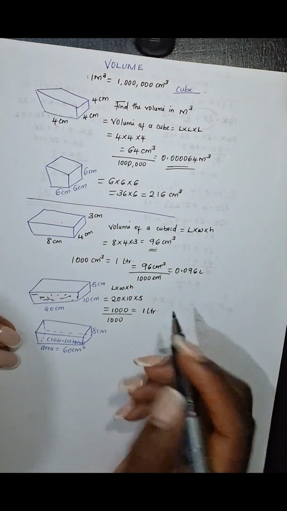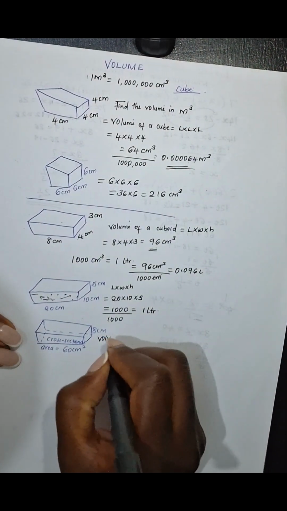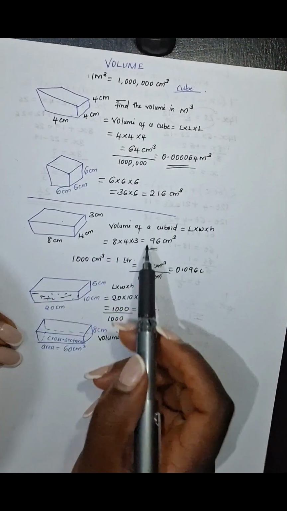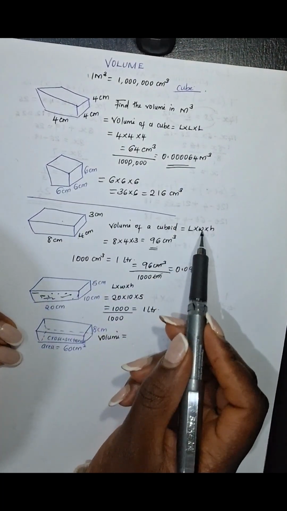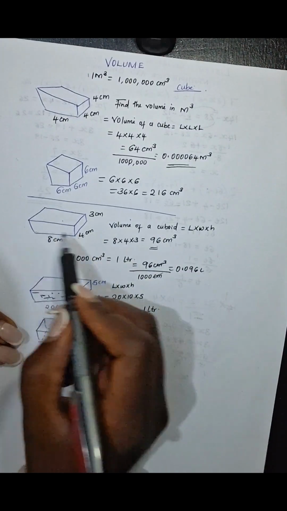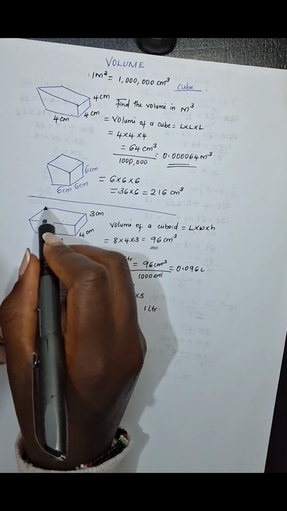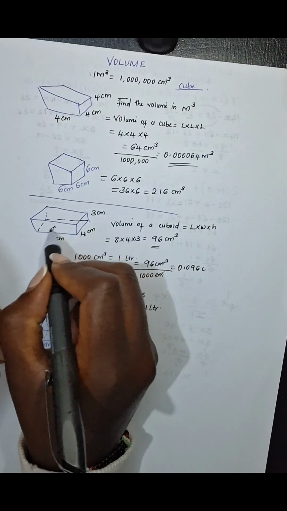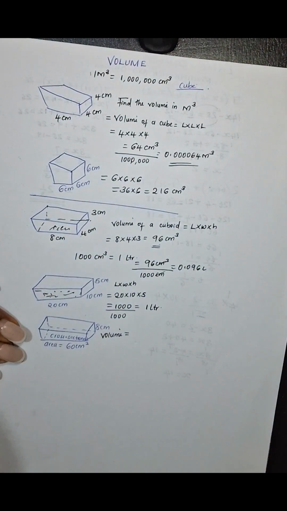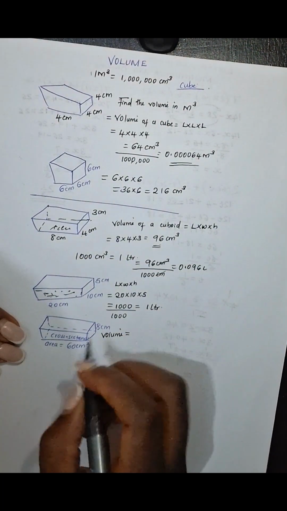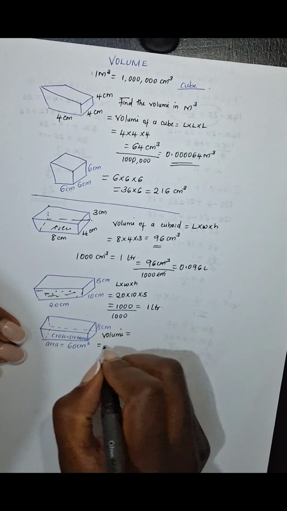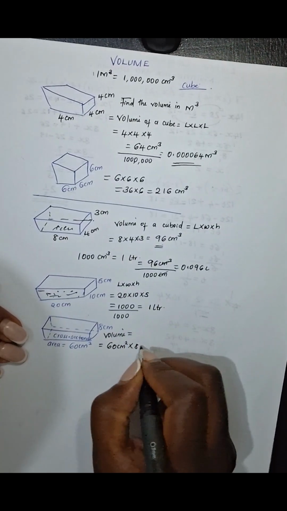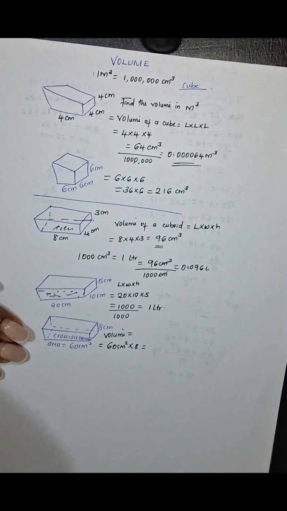You are asked to calculate the volume. What do you do? You see, the first volume you say length times width, you get the area of this rectangle here. So what do you do at this point? You just take your 60 centimeters squared, you multiply by 8, right?